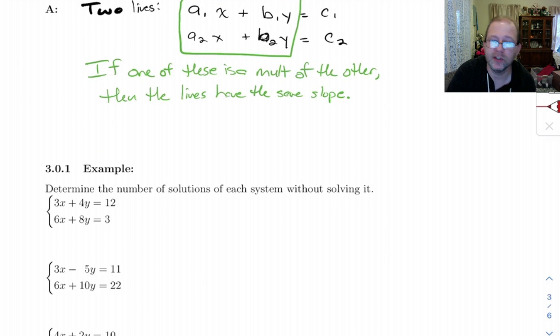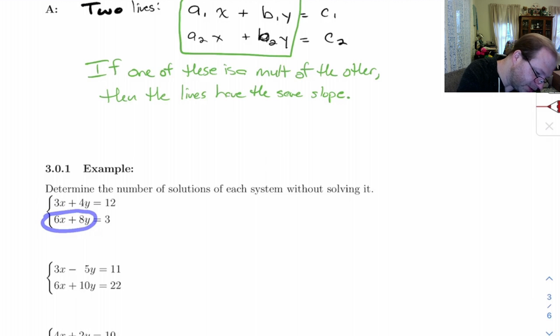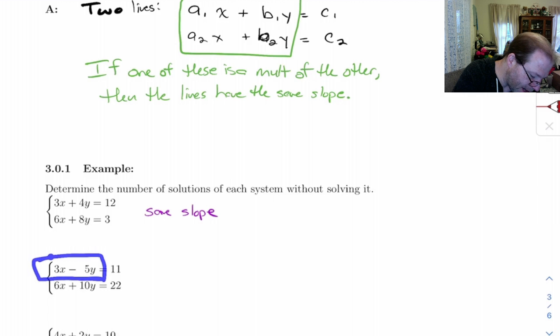Let's go down here and on each of these examples figure this out. Now it's asking us for the number of solutions. Right now, I'm just going to figure out, is the slope the same or is the slope different? All right, on this one here, 3x plus 4y, you can multiply that by 2 and get this. So these two have the same slope. Okay, what about this next one? 3x minus 5y.